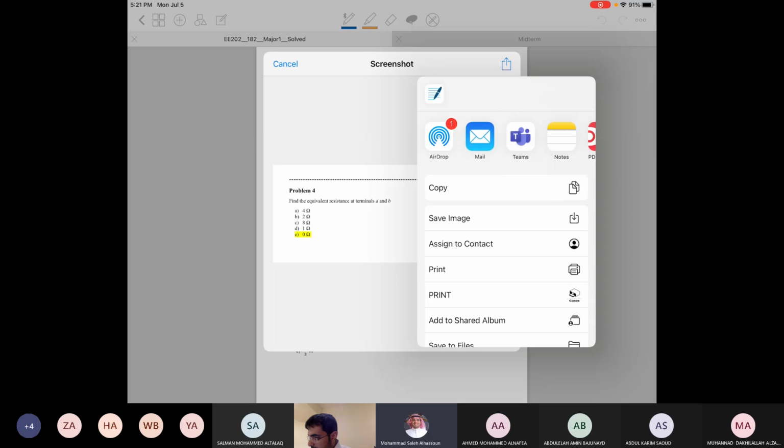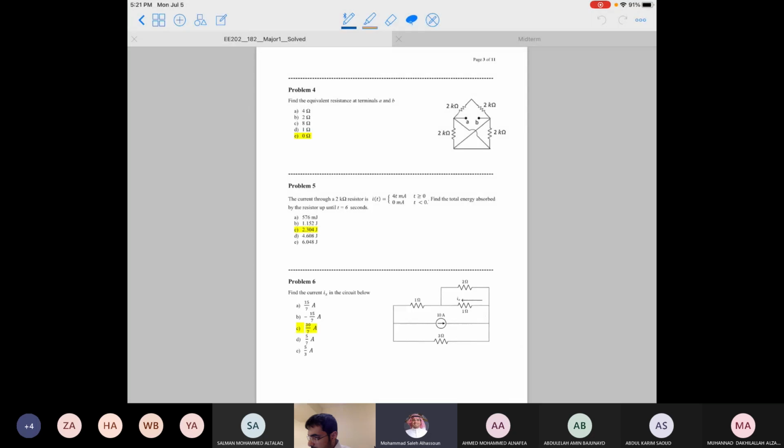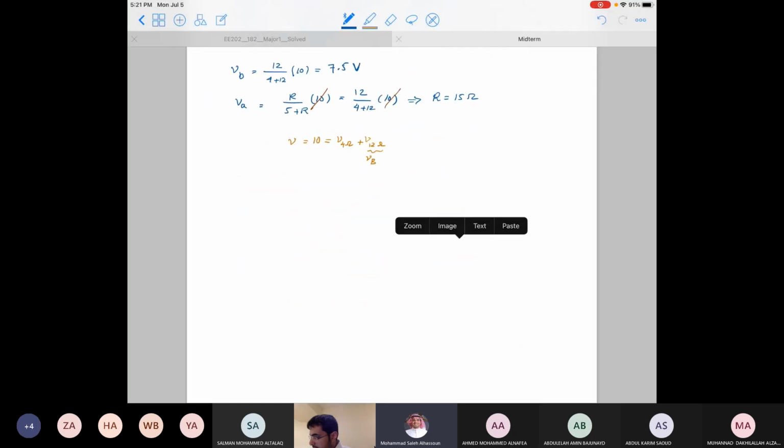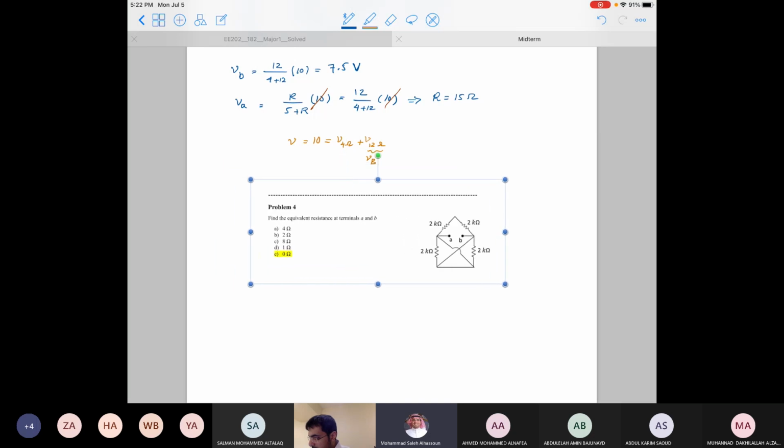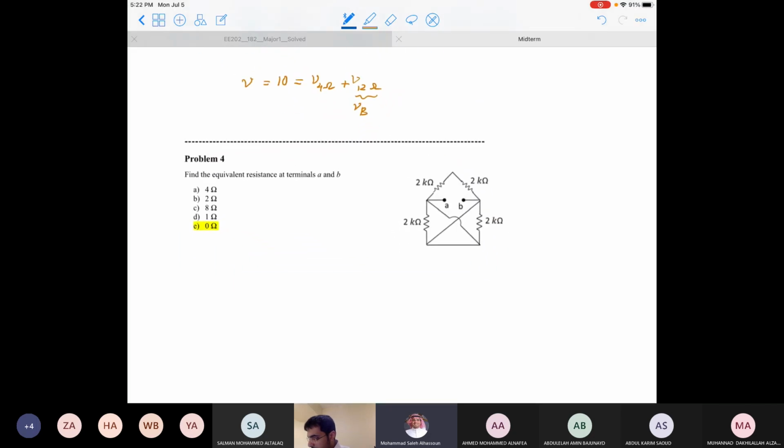This is a question that I do like, but let's solve it. So we're given the following circuit. I don't like it because it doesn't test your understanding. It tests your ability to visualize things.